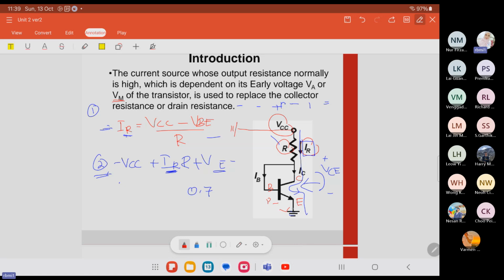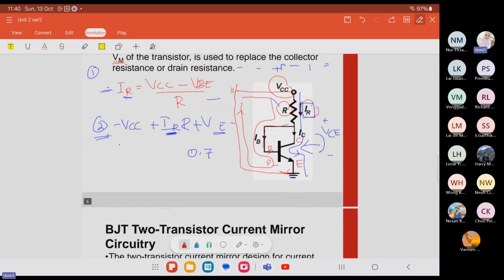So this one is also connected to the ground, so it is actually indirectly connected to here. That is why if we do the KVL by this and then back to this one, it is a closed loop. Okay, minus VCC plus IR goes this way plus VBE to the ground and then back. So this is the basic concept for KVL.